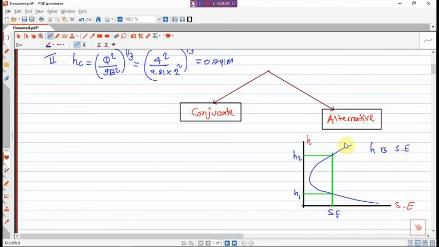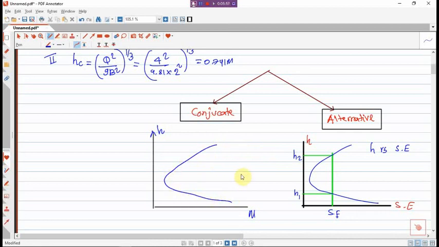In the other way we have to see the conjugate depth. The conjugate depth comes from the graph of H versus momentum impulse force function. It should be like this one. So this should be M and this should be H, but the graph should be the same way as the alternative one. It also comes like this.